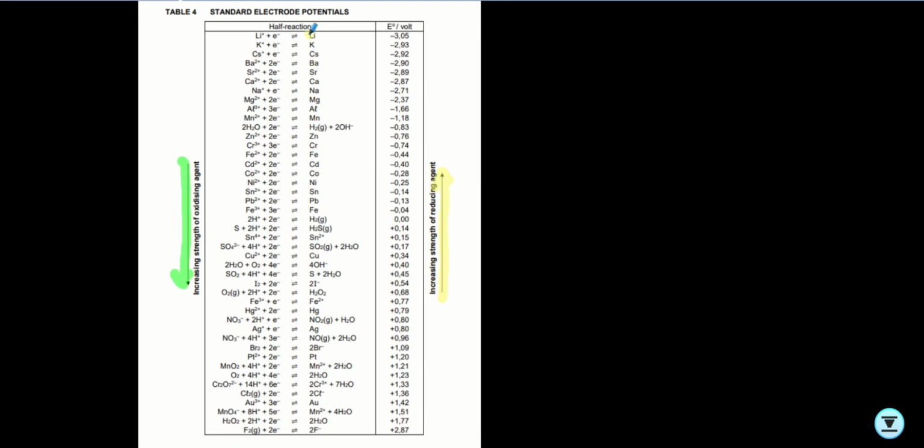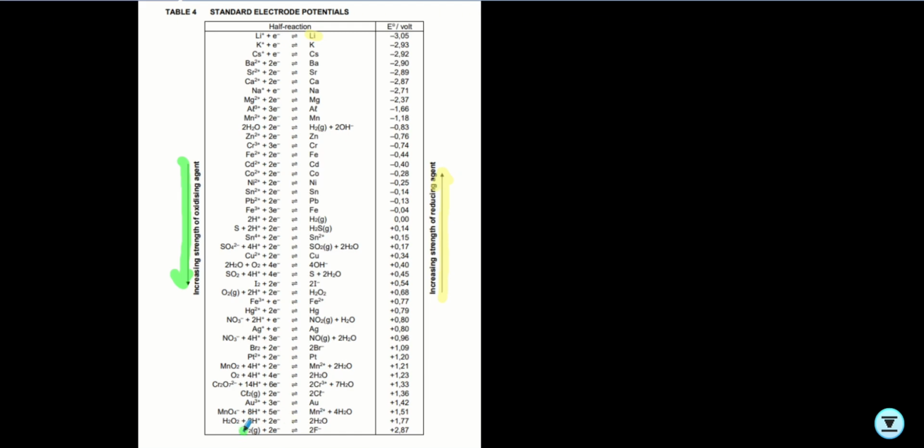So if you look at something like lithium, it does not care about its electrons that much. It's very happy to give them away and help other substances reduce. So as you go up, the pull to electrons becomes weaker. Now, the inverse is true going down. As you go down, these substances are pulling their electrons so much stronger because to be a good oxidizing agent, you need to yank electrons out and off of other substances.